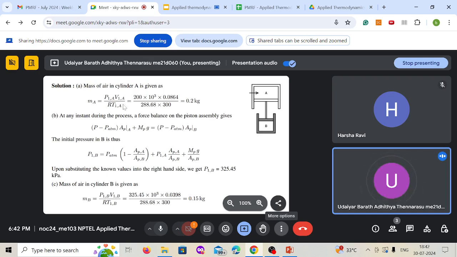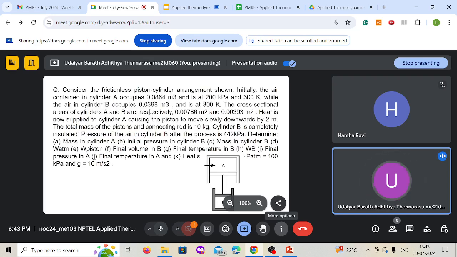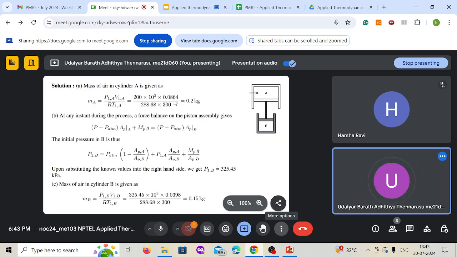So for the mass of air in cylinder A at the initial state, applying the ideal gas law, m_A is PV by RT. Initially P1 for A is 200 kilopascal, temperature is 300 Kelvin and volume is 0.0864 meter cube. Substituting that, we get the mass of air in cylinder A as 0.2 kg.